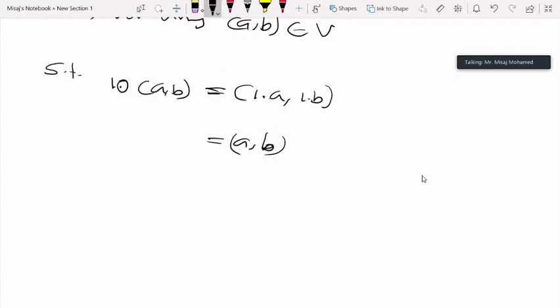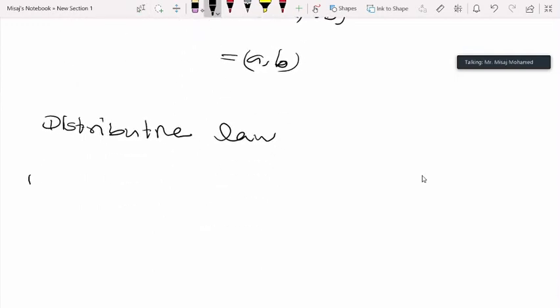Therefore, scalar identity holds. That's right. So what is the distributive law now? Now we are coming to that property.